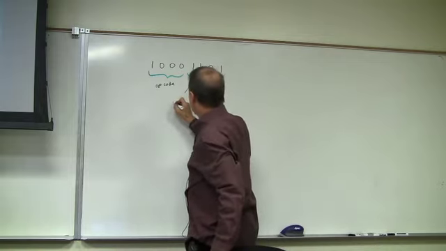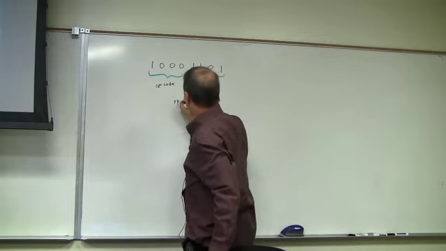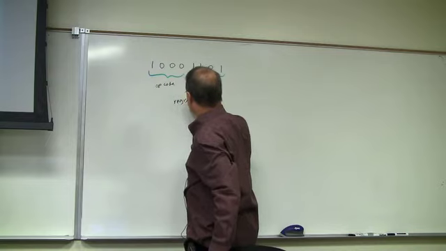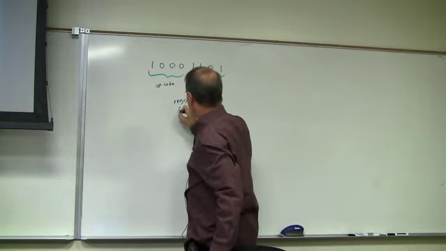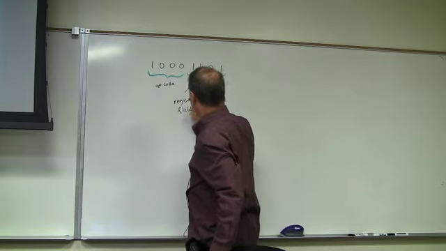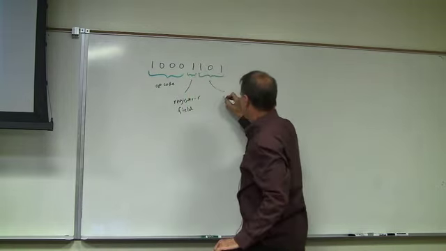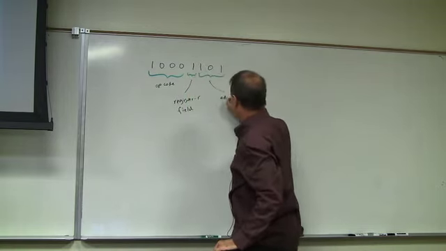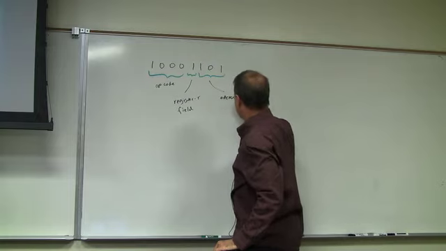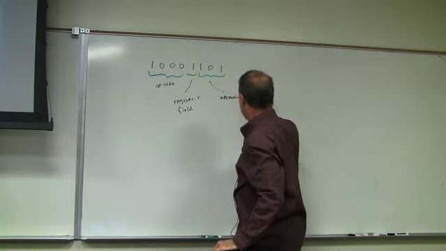This is the register R field. And this is the addressing A field.